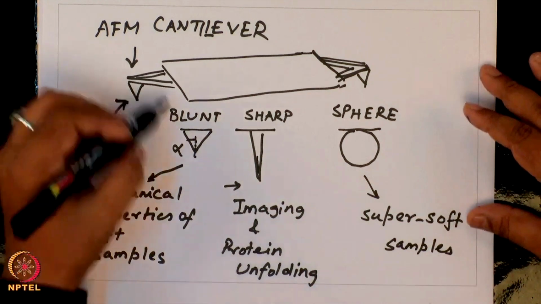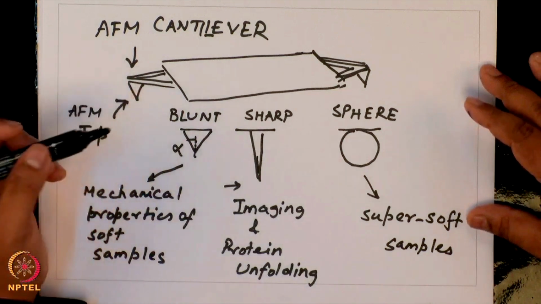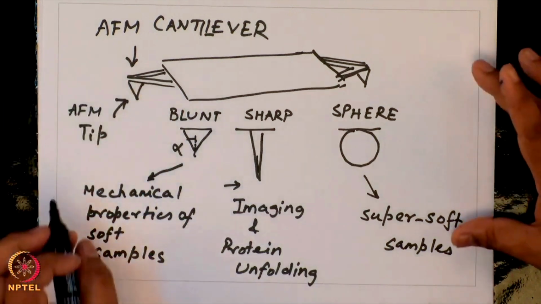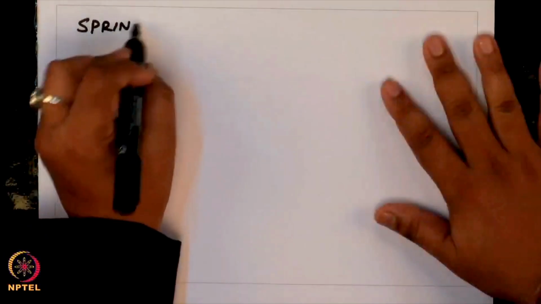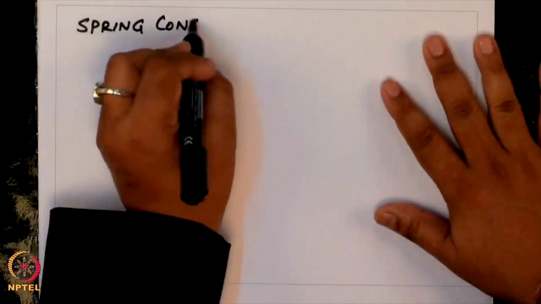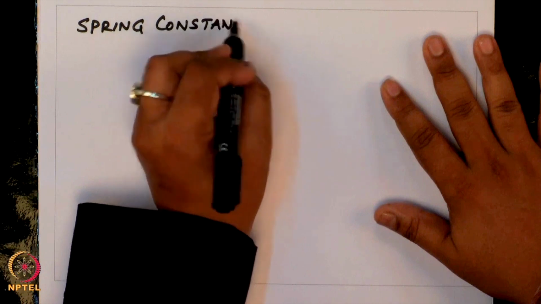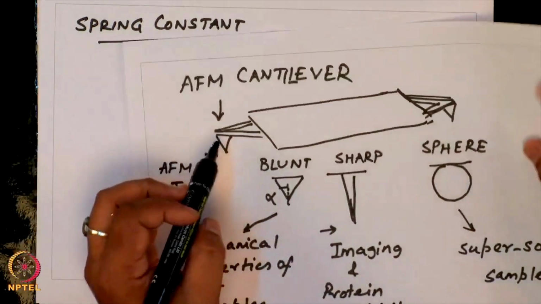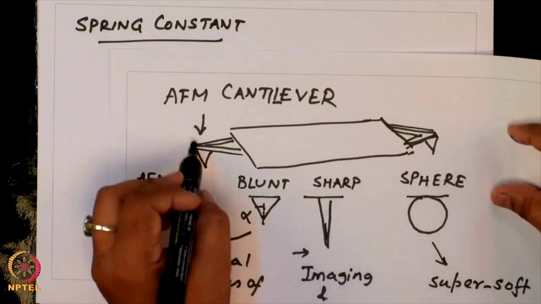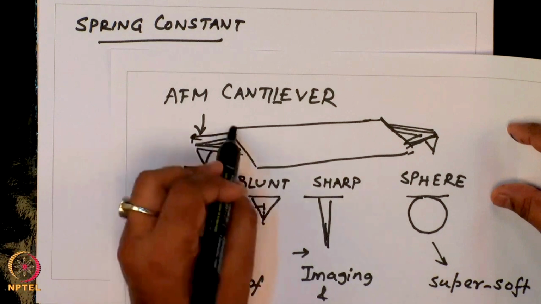Okay. So, based on the overall geometry of the cantilever tip, what you also have is an effective stiffness of this tip. So, you have some spring stiffness, a spring constant. You can vary the spring constant by varying the length of this cantilever.